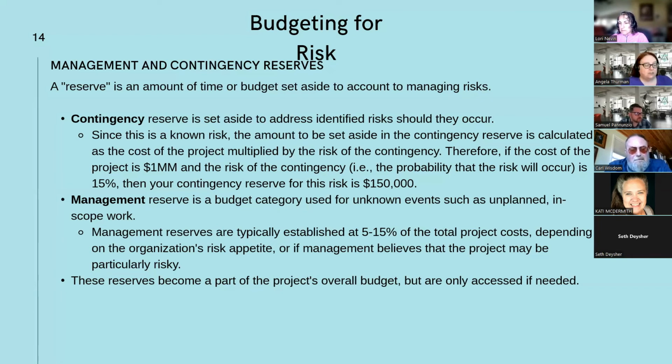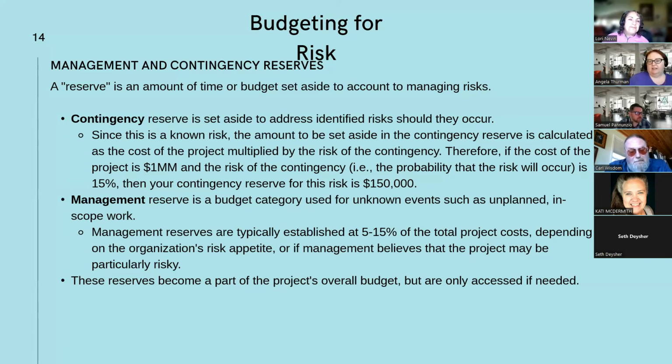Now, because this is a known risk, the amount that is set aside for the contingency reserve is calculated as the cost of the project multiplied by the risk of the contingency.